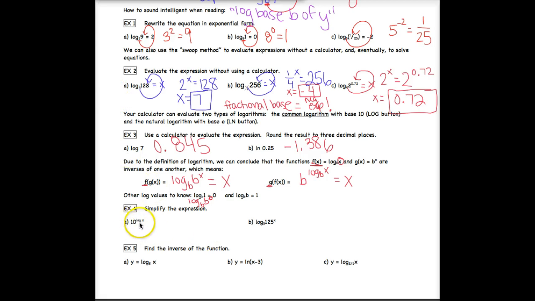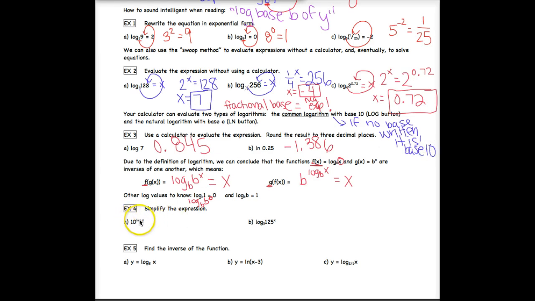All right, so we're going to use those properties here to simplify the expression. So this first one is tricky. And it's not going to be tricky, hopefully, once I tell you this one time. When we look at our two types of logarithms, the common logarithm is base 10. So that means if no base is written, it is base 10, the common log.